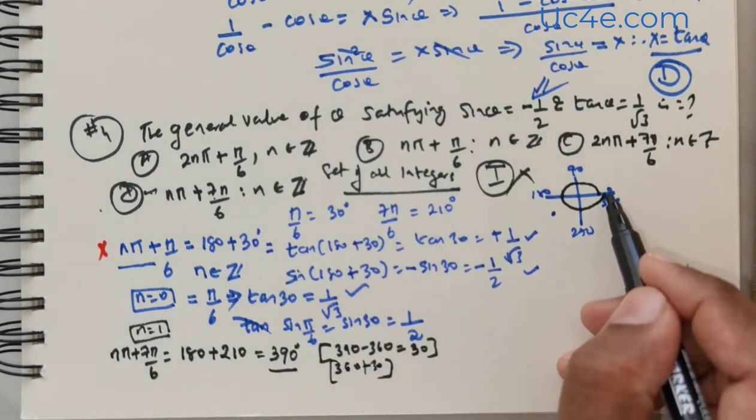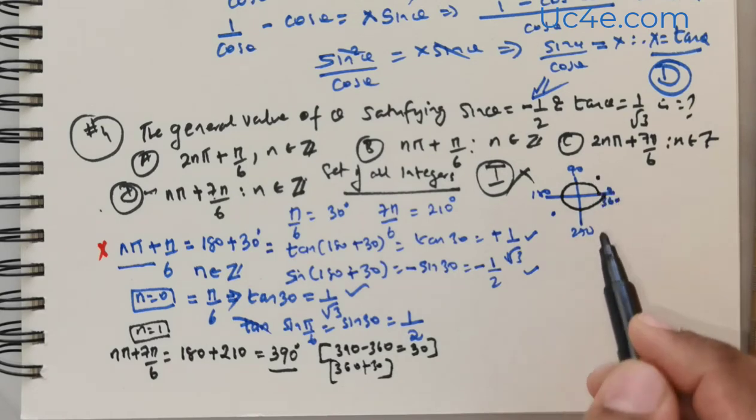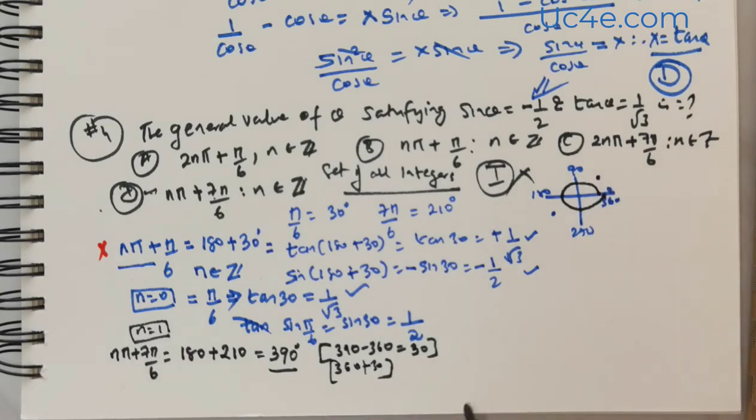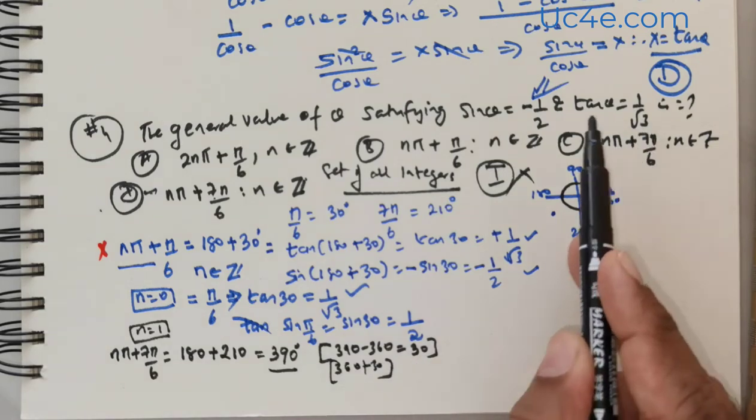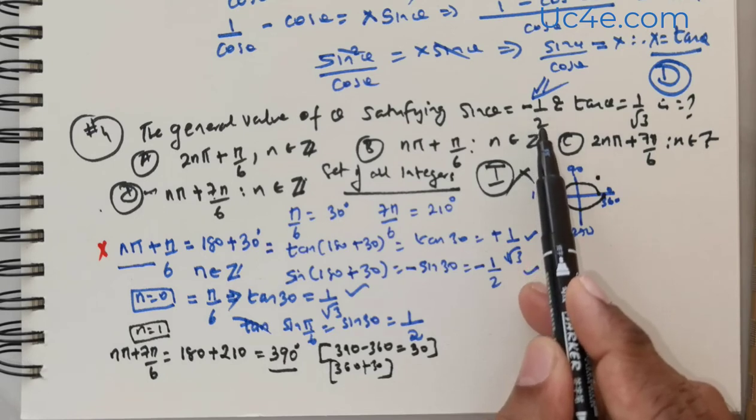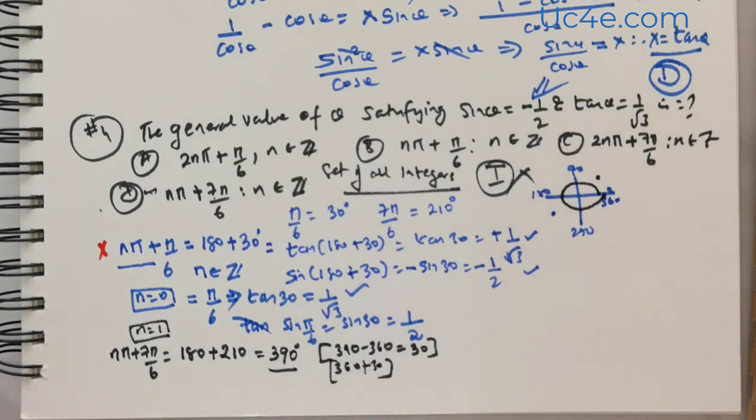So if you were to add 30 degrees, that would take you to the first quadrant. Now in the first quadrant, all ratios are positive. So sine 30 would be producing you 1 over 2, and tan 30 would be producing a positive 1 over root 3. But there is again a contradiction to the given value. So this should also be dropped.